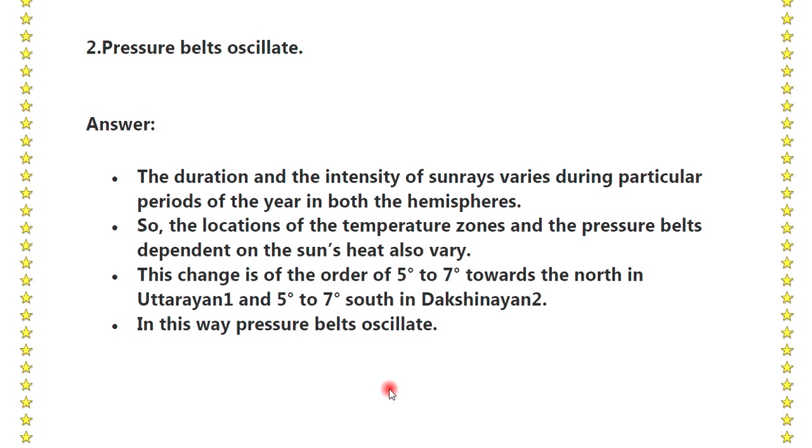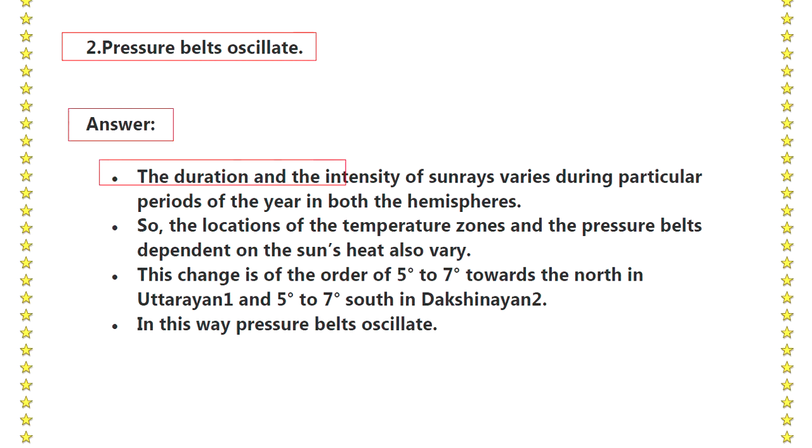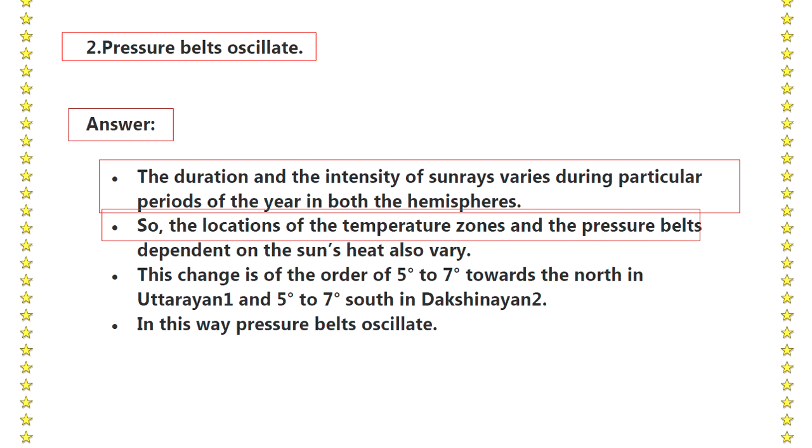Second, pressure belts oscillate. Answer: the duration and the intensity of the sun's heat vary during particular periods of the year in both hemispheres. Second point, so the locations of the temperature zones and the pressure belts, which depend on the sun's heat, also vary.